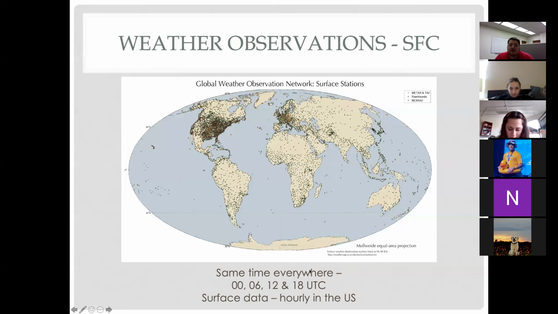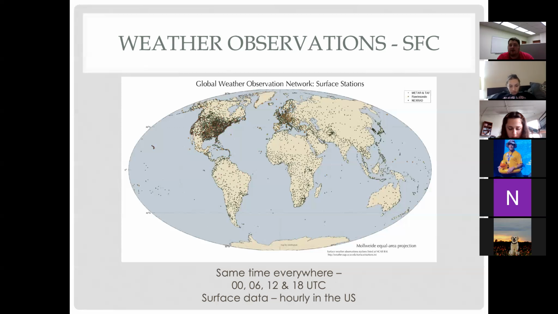The other thing is that whenever they're doing all these observations, if you're looking at them on a global scale, they'll all be measured at the same time everywhere, every 6 hours in UTC time: 0, 6, 12, and 18. I think we talked about this earlier in the semester, but just a quick review. UTC is the global standard time. I think it's measured for the actual time somewhere in Europe, but for our purposes in the central time zone here in Texas, whenever we're in daylight saving time, so in the summer, we're 5 hours behind UTC.